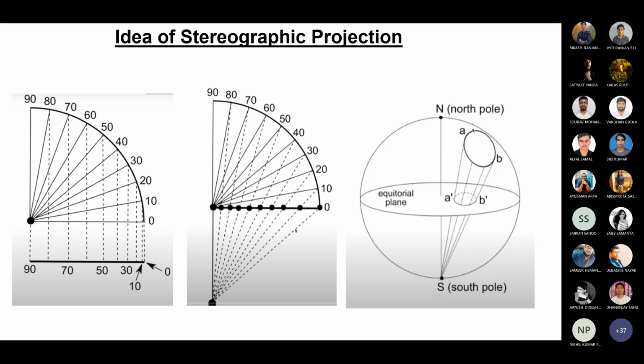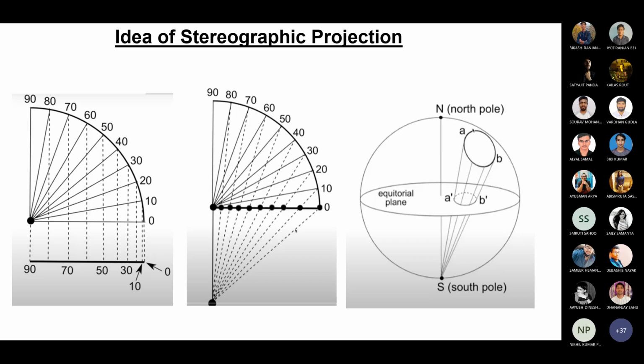And then what will happen? The circle will become an ellipse, so you will lose the actual angular truth. That should not be the correct way to represent a crystalline system stereographically.